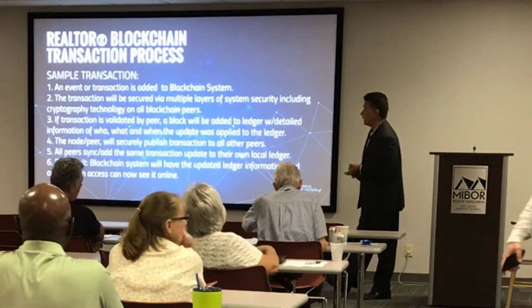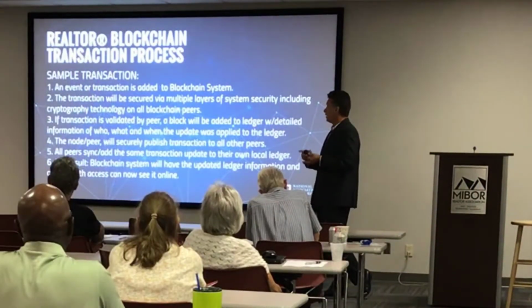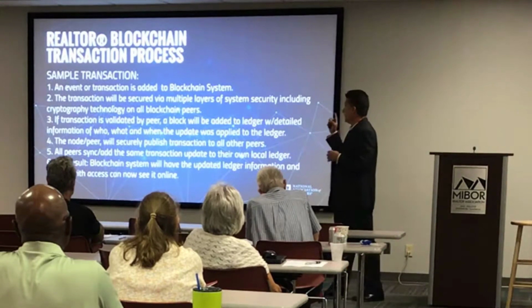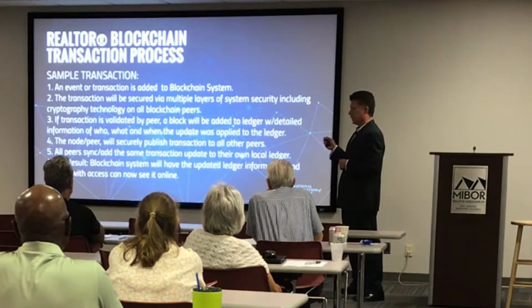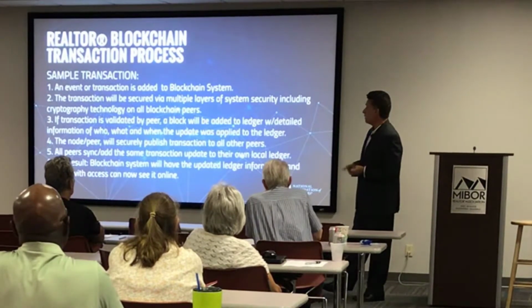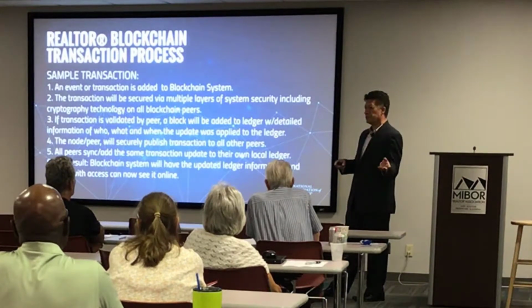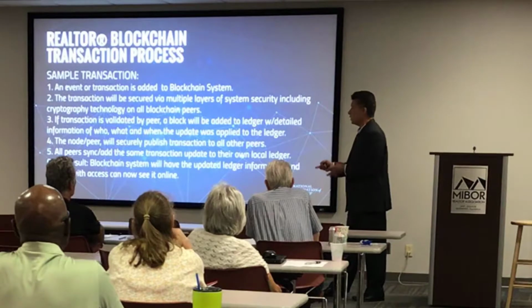Once the peer is applying any data to your ledger, depending on your system data, it will publish securely all of the data ledger that was just updated to the rest of the peers. The rest of the peers, no matter where they're at, via the network, via the internet, let's say that you update one in California.